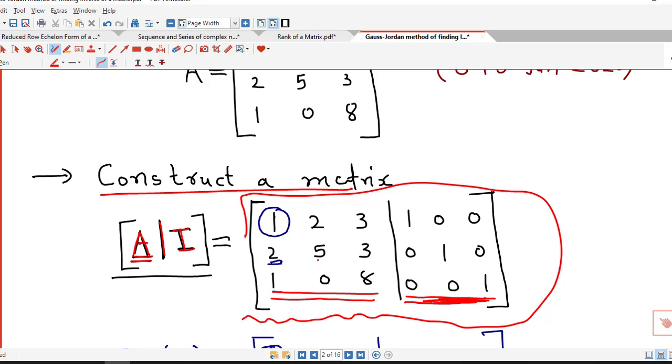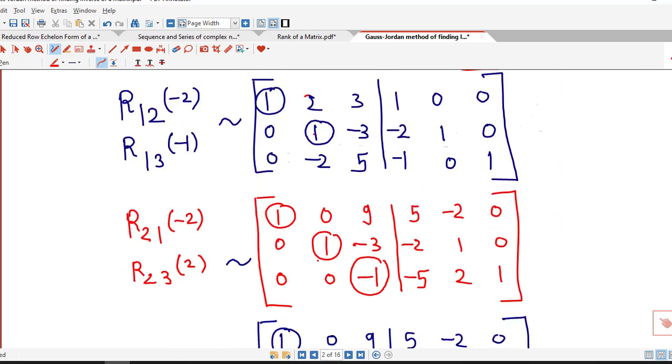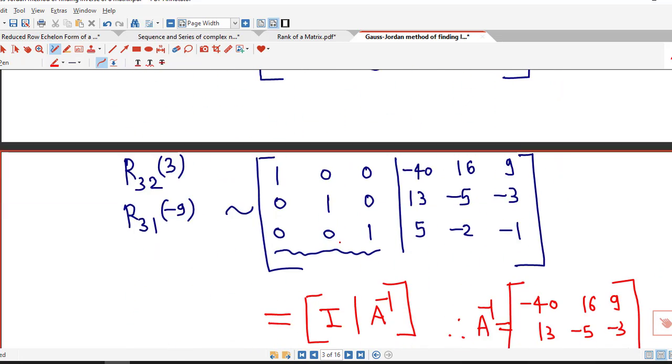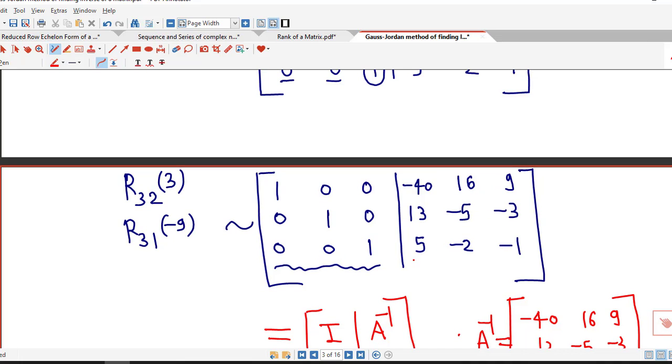So once our matrix is converted into reduced row echelon form, we will have another matrix on the right hand side. That matrix is nothing but the inverse of the given matrix.